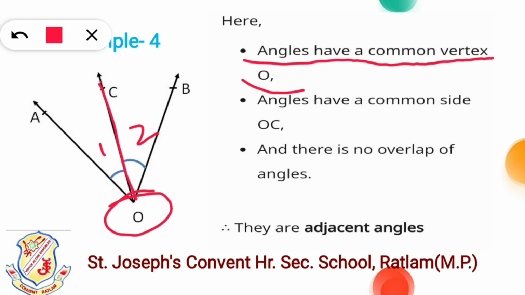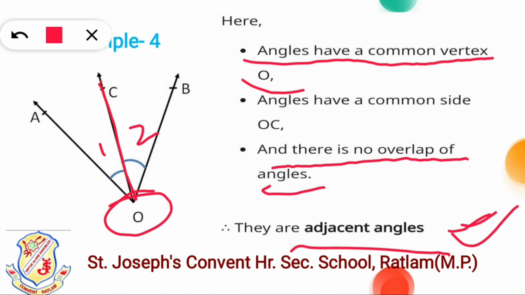OC is a common side for angle 1 and angle 2. And the third point is there is no overlap of angles. Yes, the angles are separated and no angle is hiding the other angle. Hence, all the three properties of adjacent angles are satisfied here. So, these angles are adjacent angles.